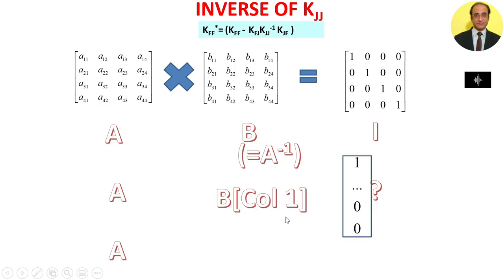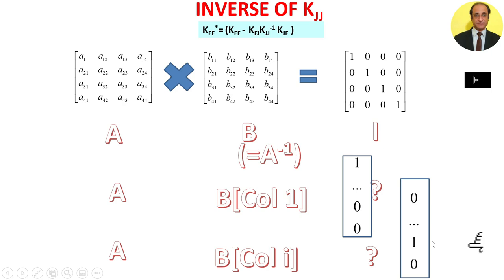Similarly, if we multiply this matrix by the ith column of the inverse, then we get the ith column of the identity matrix, so here we have 1 at the ith row and all other terms are 0.